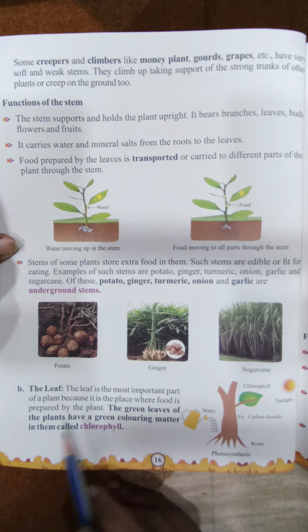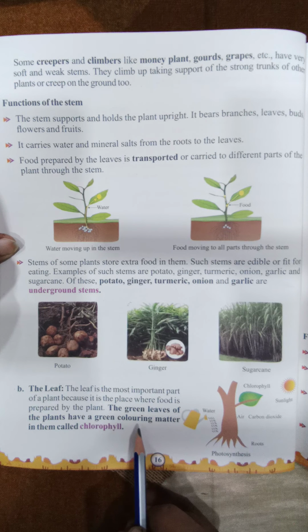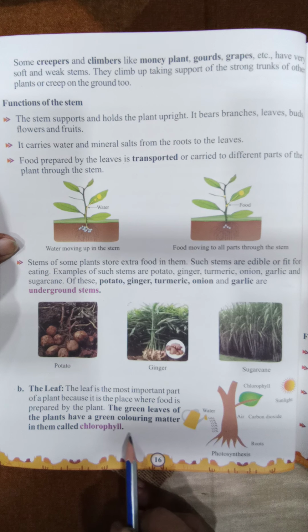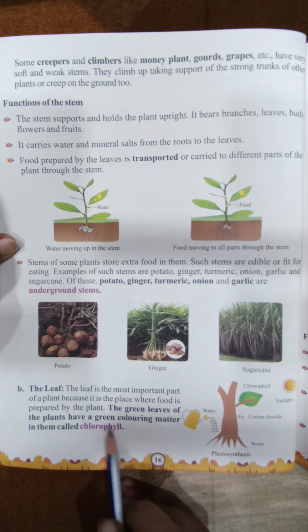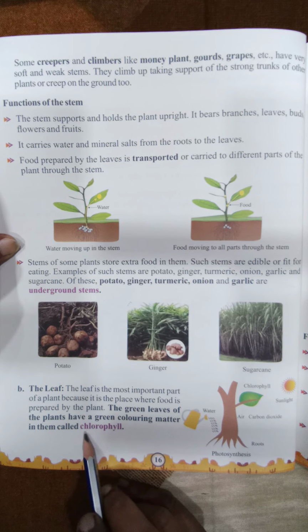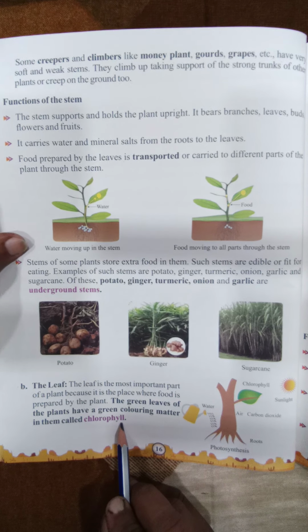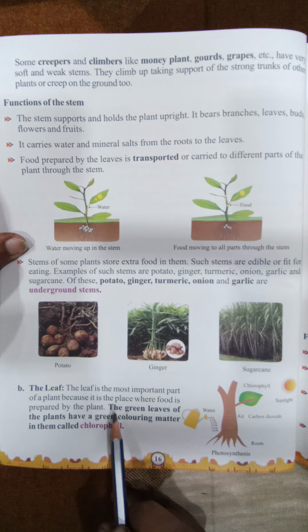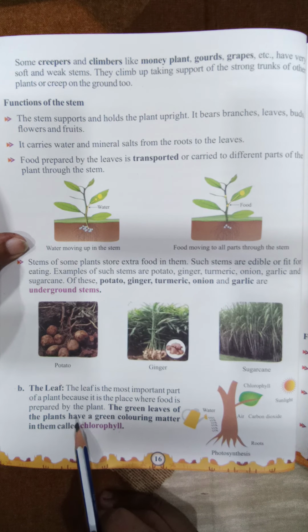The green leaves of a plant have a green coloring matter in them called chlorophyll. This green pigment present in the leaf is called chlorophyll, and this chlorophyll also helps in preparing the food for the plants.